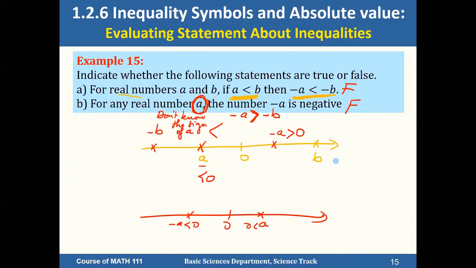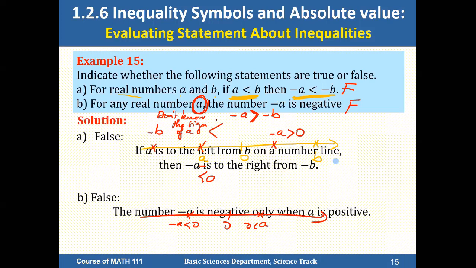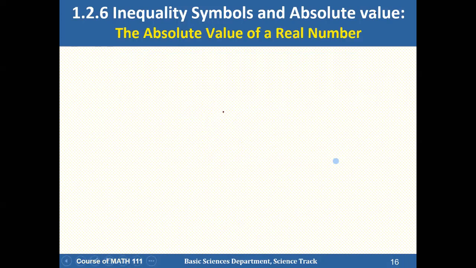So here minus A depends on the sign of A. It's not always negative just because there is a minus. Clear? Be careful: just because there is a minus sign doesn't mean the result is negative; in the end the result may be positive. These are notes to be careful about.